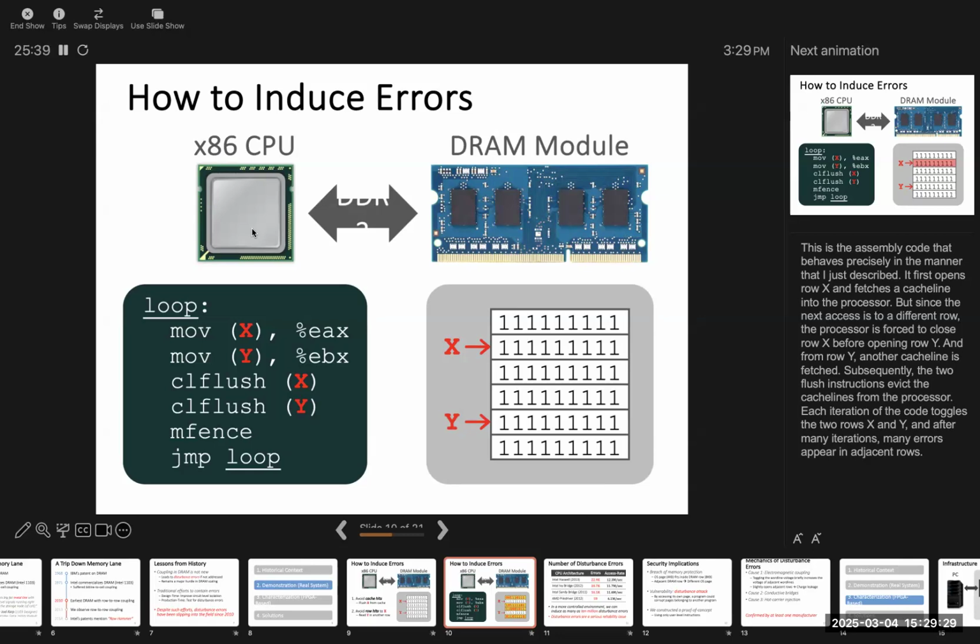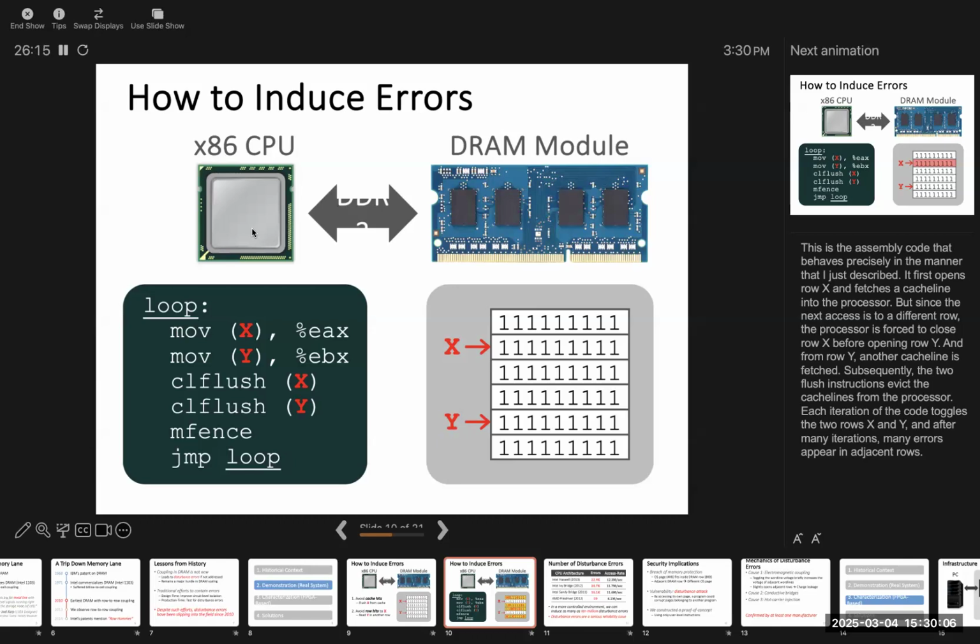So the M fence is required because of the following. Let's say this is your core, L1, L2, and then it is connected at some point with the DRAM controller, which is responsible for controlling the traffic to and from the memory chip.